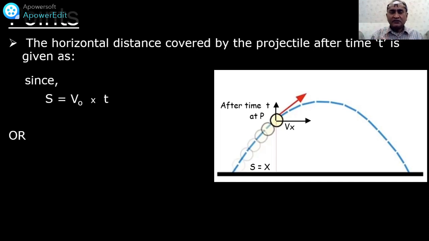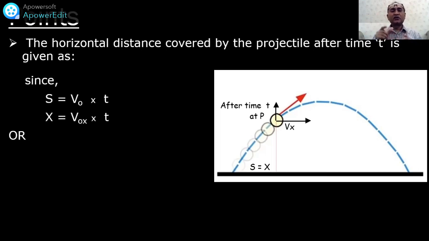But since we are interested in the horizontal distance, we'll consider the horizontal component of the velocity. You know that velocity is divided into two parts, the horizontal component and the vertical component. Since we want the horizontal distance, we will consider only the horizontal part of the velocity. So we replace it by x is equal to v naught x into t.